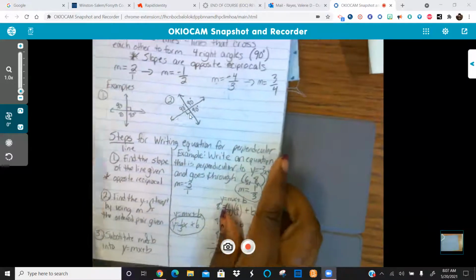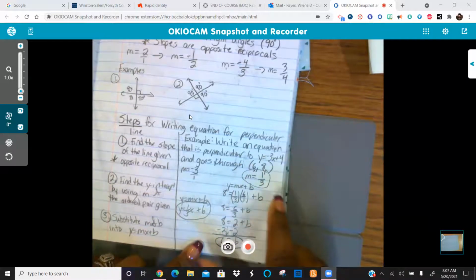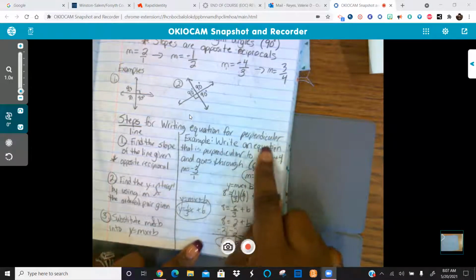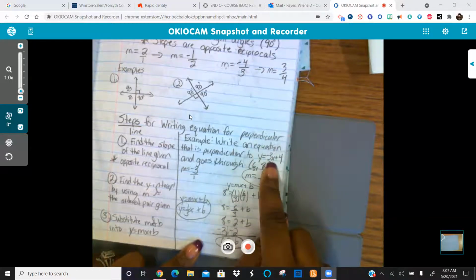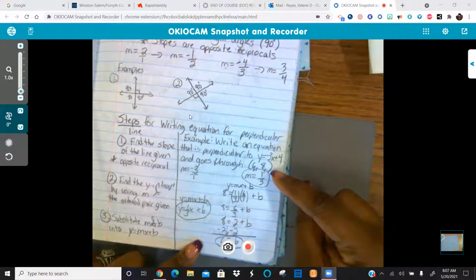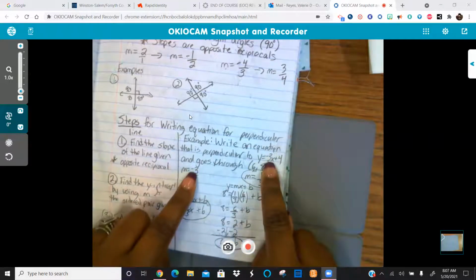Okay, look, you're going to do the same type of thing again. Write an equation that is perpendicular to this linear equation, to this line, and it goes through this point. So they give you an equation and they give you a point. You're doing the same thing again. Identify what the slope is. The slope is negative 3.